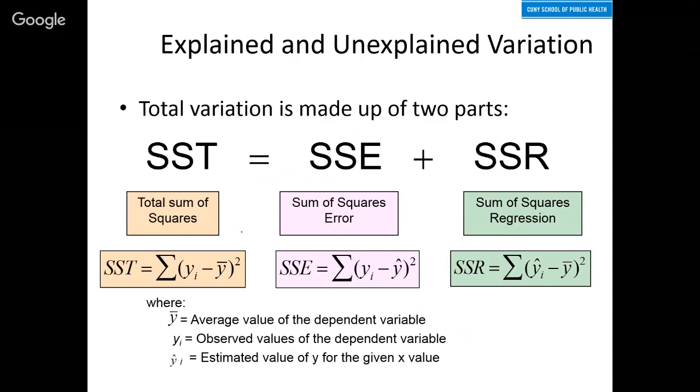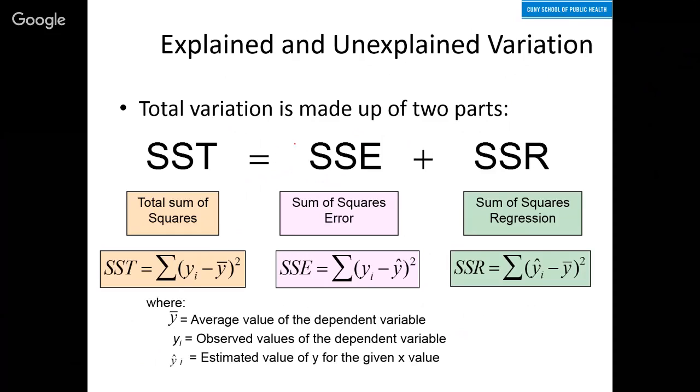I showed you that scatter plot early on with the horizontal dashed line and the sloped solid line as an introduction to this idea of breaking up your variation into two parts. So our total sum of squares variation is, if you take y bar, that horizontal mean of y line, and these are residuals between the observed values of y and that horizontal line, a so-called intercept only model.